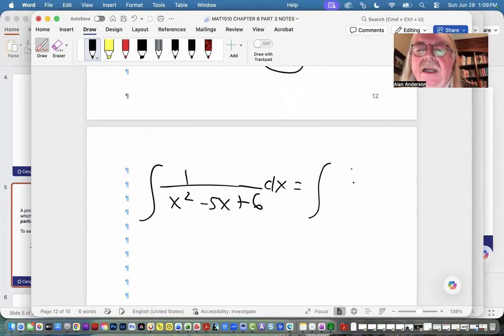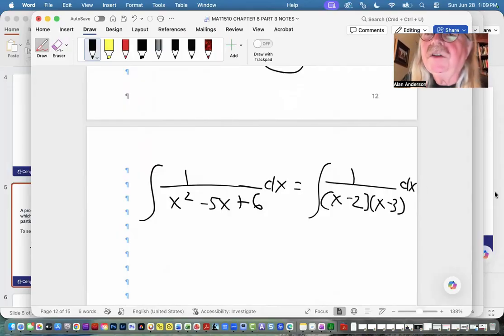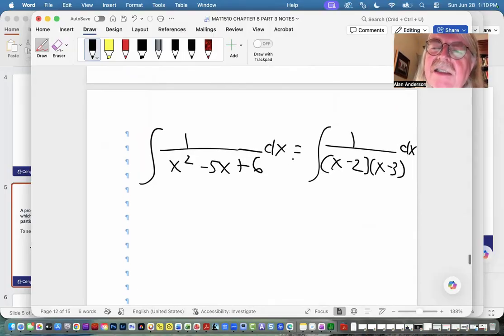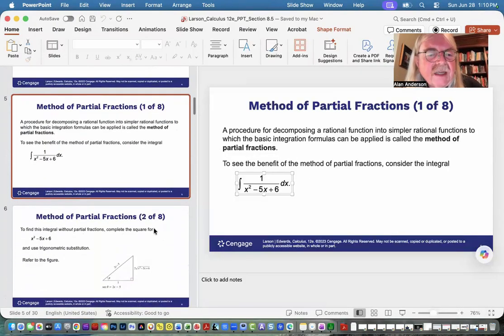Can be rewritten as this. Okay, so now the big question in your minds is how does that help? Well, this is where the partial fractions technique comes in. So this is one of the cases that we'll need to understand.